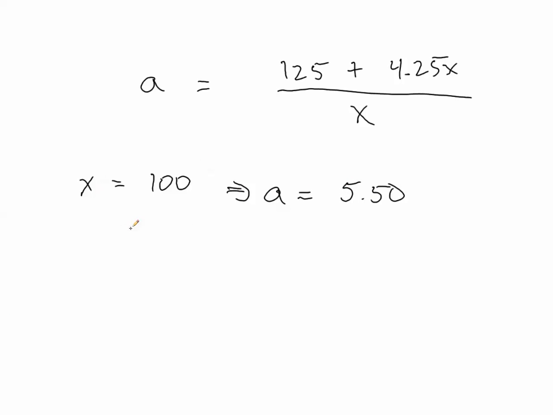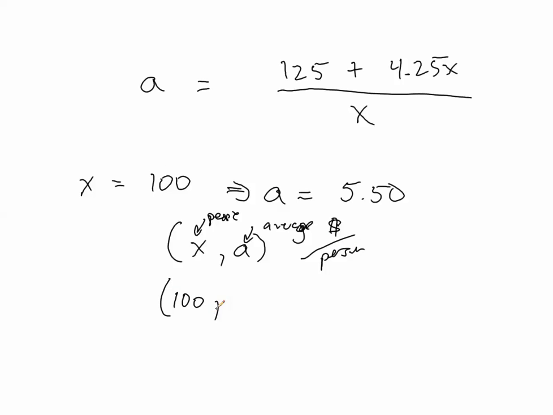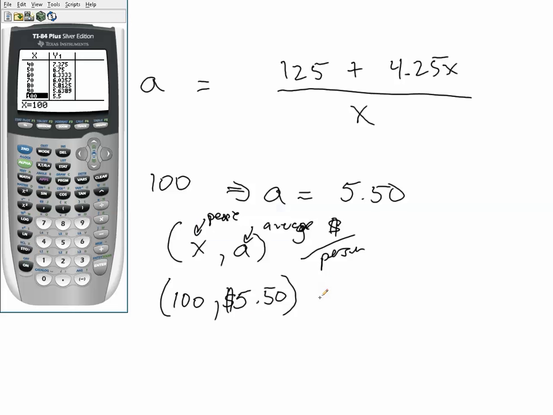Remember our ordered pairs look like this, x comma a: people, and average dollars per person. So when there are 100 people, each person would end up paying about $5.50 in order to break even, so they don't walk out deficient. Maybe they want to mark it up and say, we're going to charge $7 so that we can get some funding or a fundraiser for our club.